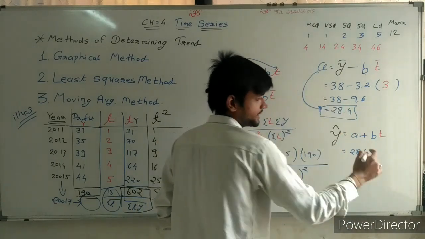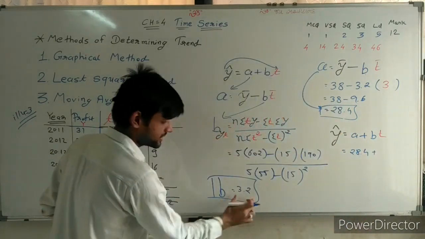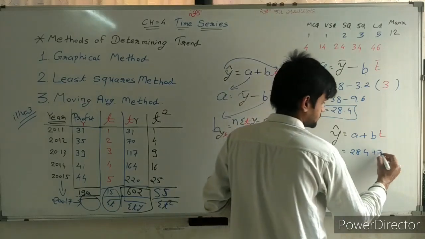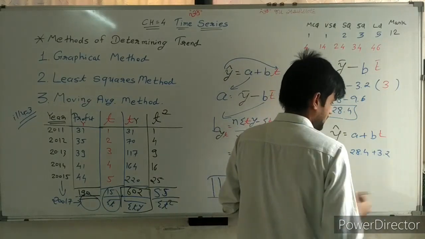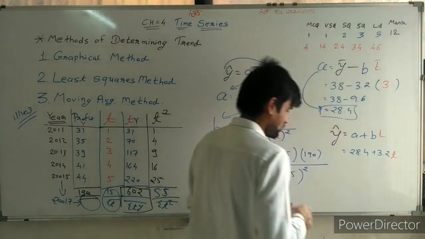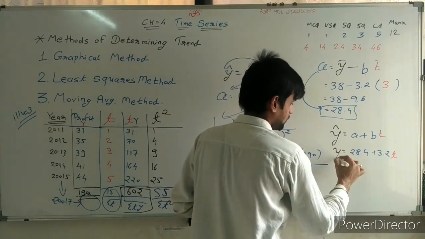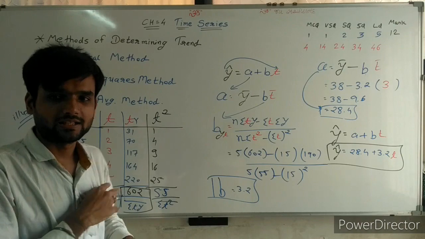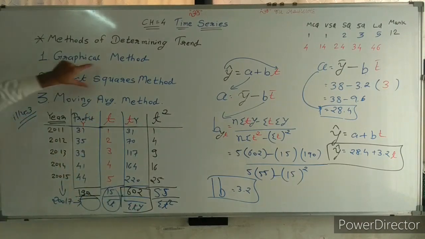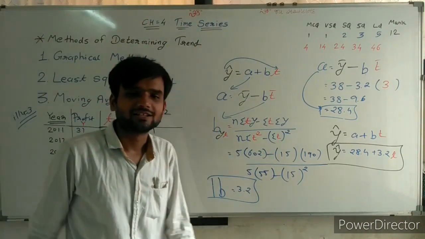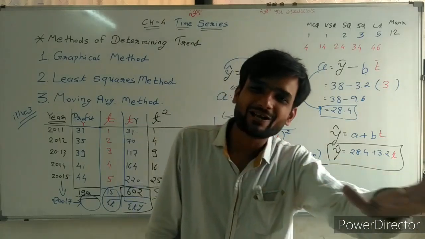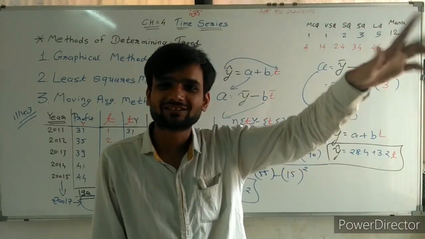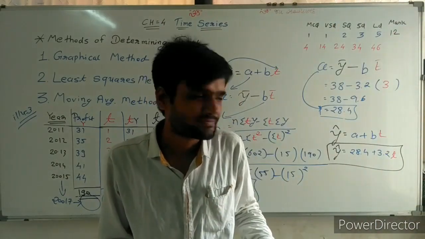This is the value of A. Plus B, 3.2 T. So this is my trend line, and this trend line is found by using the least square method. Now what is the change, sir? Same method as chapter number 3, regression line.